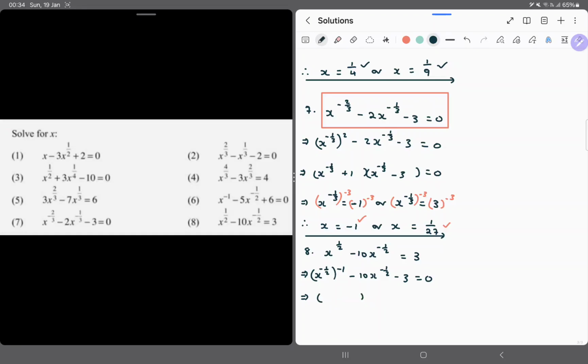Okay, let's factorize. So we have x to the minus a half. And then we've got 3 there. And a 10. Huh.